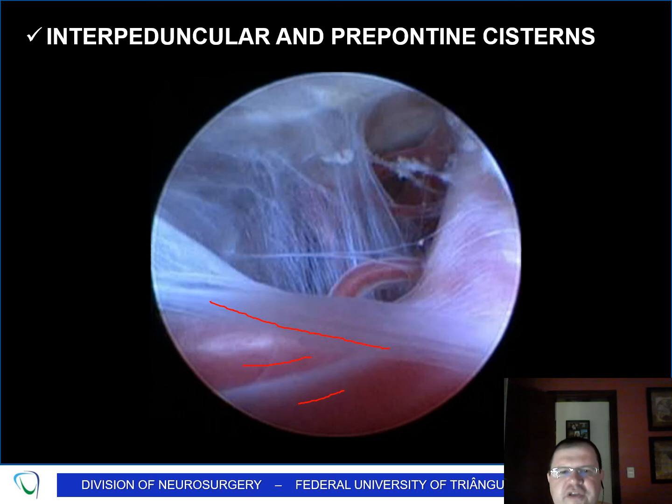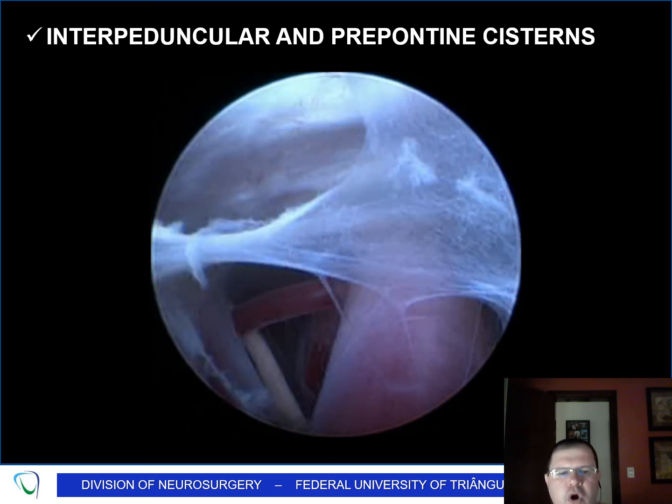And more inferiorly, we can see here the mesencephalic portion of the Liliequist membrane. More inferior at the level of the mesencephalic part of the Liliequist membrane here, we can see the basilar artery here, the ICA, anterior inferior cerebellar artery, and the sixth nerve, abducens nerve here.